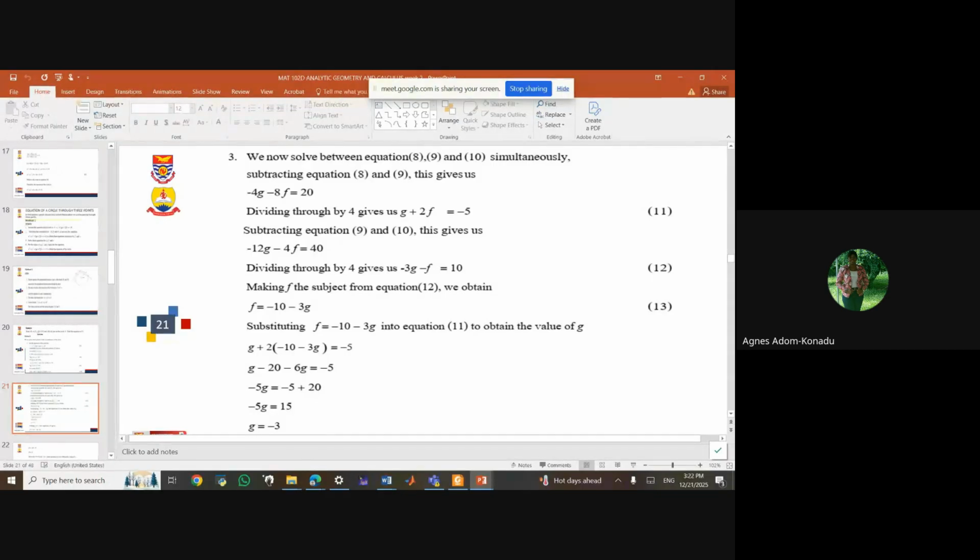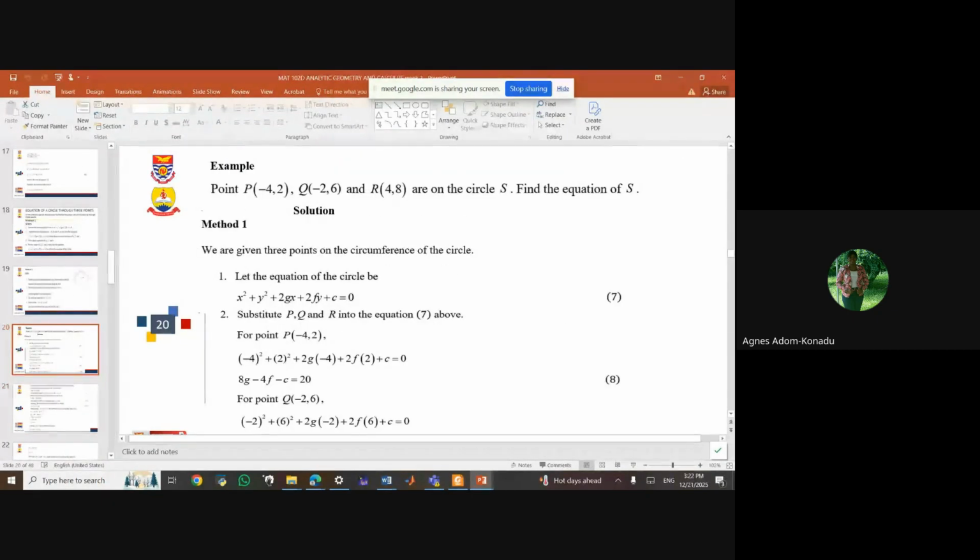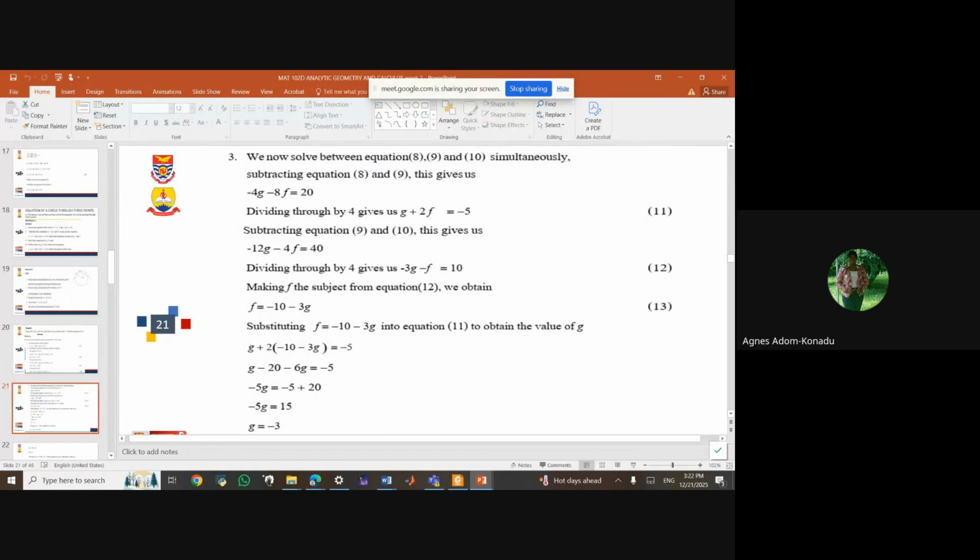And then simplifying and solving. So we have 3 equations, and we have to solve using any method. Okay, so I'm solving. We now solve between equations 8, 9, and 10 simultaneously. Subtracting equation 9 from 8, this will give you -4g minus 8f is equal to 20.